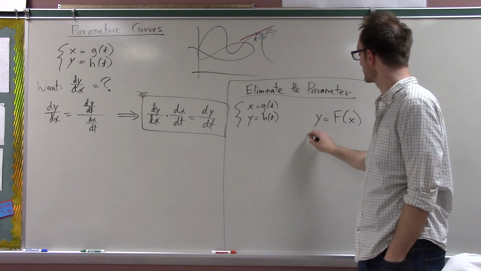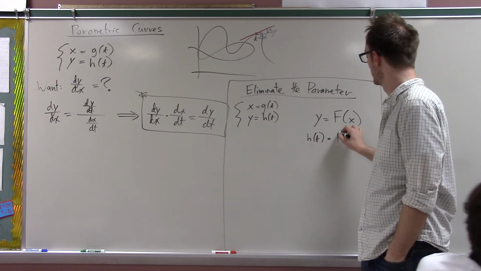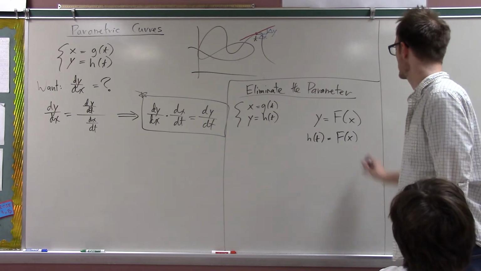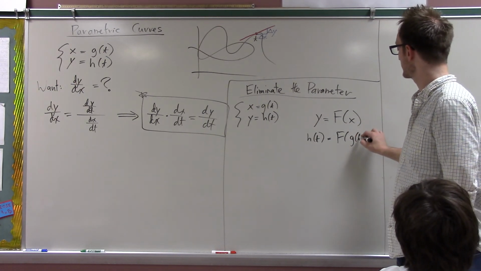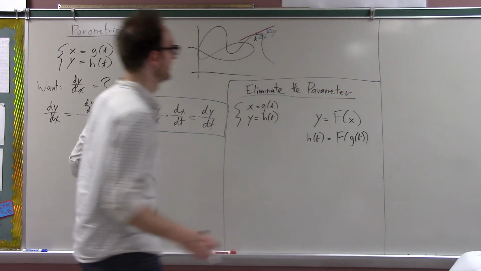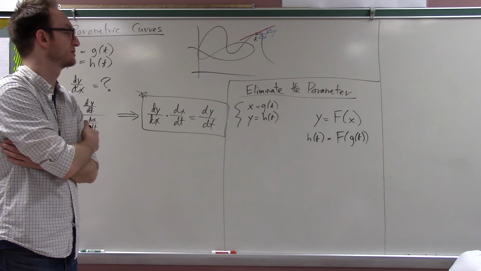You might even write this as h of t equals f of g of t. There are a lot of ways to write this. Replace y with h of t, replace x with g of t.